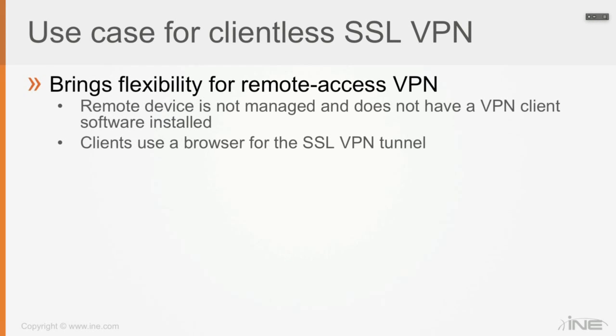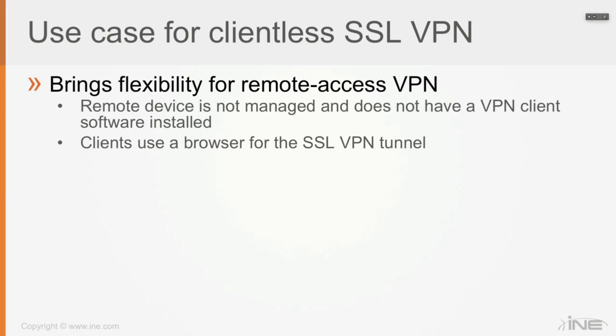The use case is that it brings flexibility, as we spoke before, for remote access VPNs. When the remote device is not managed and does not have VPN client software installed and cannot even install a VPN client, either because the user doesn't have admin rights to install the client or because the company's policies prohibit installing any kind of clients on the PCs, then if we want to allow those users to fire up an SSL VPN tunnel, they're going to have to make use of the browser.